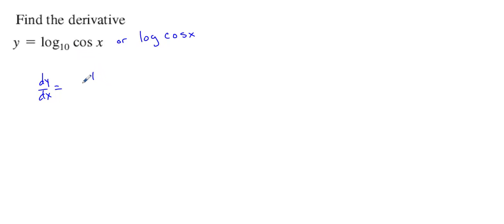Was that 1 over natural log of the base times the stuff? For some reason I was thinking of a sign. Times the stuff times the derivative of the stuff, negative sine x.